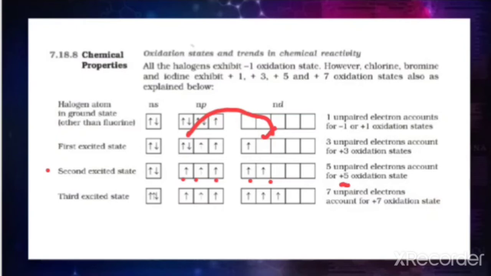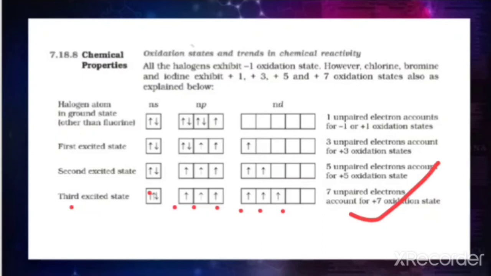One more possibility is there, that is one more paired electron gets excited. So due to that excitation, in the third excited state, 1, 2, 3, 4, 5, 6, 7 unpaired electrons are there. So therefore it shows +7 oxidation state.